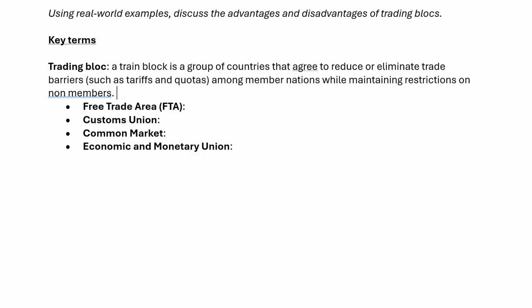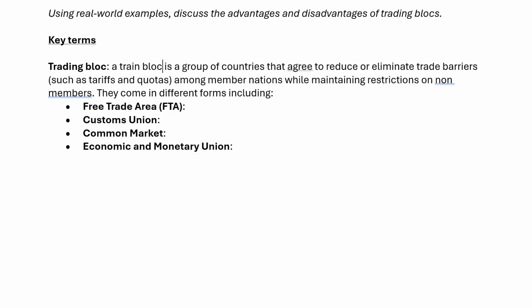They come in different forms, so we can have different types of trading blocks, things like free trade areas or FTAs, customs unions, common markets, and economic and monetary unions.